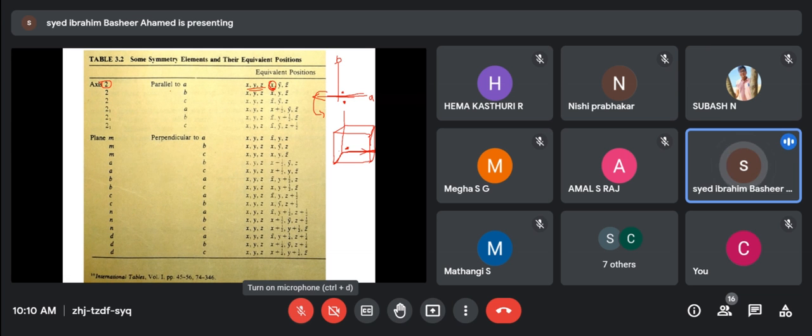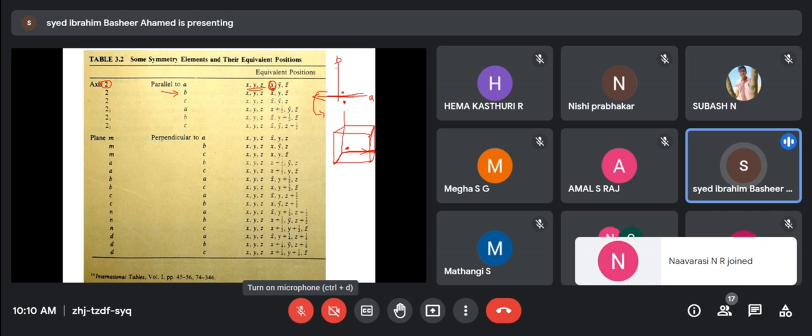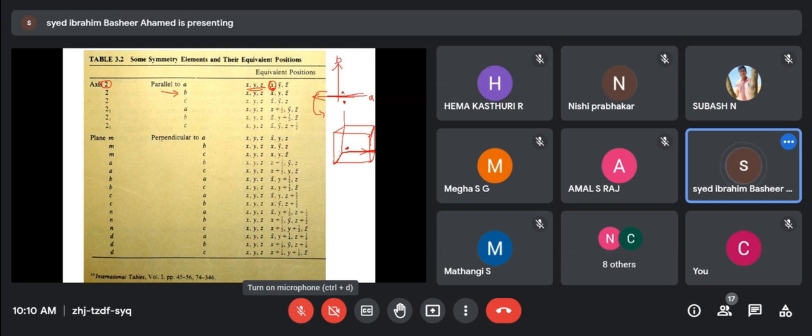Okay. So if you have a rotation axis parallel to B, then the molecule will come over here, right? Because you are rotating just like this, parallel to B. So this will come here. Initially the coordinate will be X, Y, Z. Since you are rotating along B, only the coordinate for the B axis, Y, will not change.